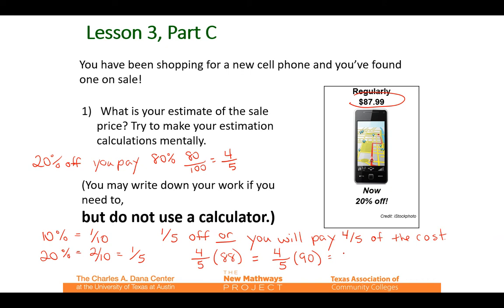It's going to come out to be, I'm getting approximately, let's see, trying to decide the best way to do this. 4 times 90 is 360 divided by 5. So that's going to be about $72. That's not exact, but that's an estimate. They wanted us to try to just see if we could figure it out. I did show some work.